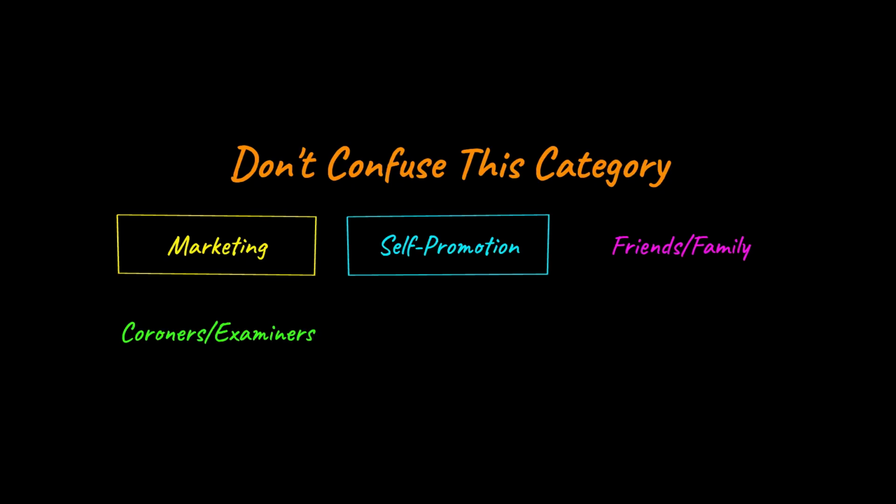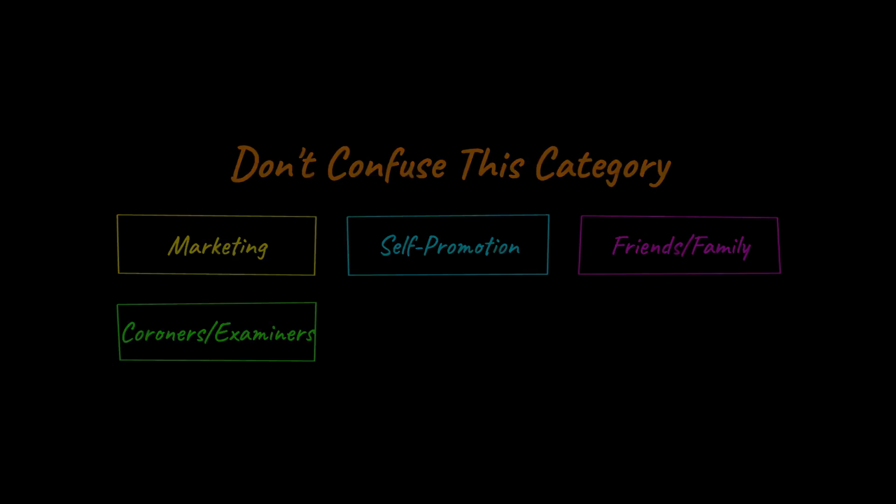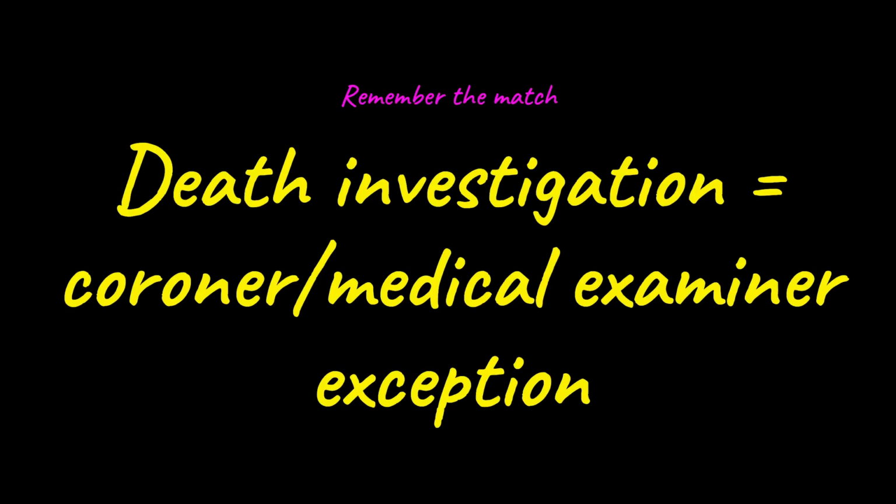Self-promotion isn't a permitted category at all, and disclosures to friends or family need patient agreement. Disclosure to coroners and medical examiners is its own distinct category for death investigation. When the stem describes a deceased patient and a death investigation, match it to the coroner and medical examiner permitted disclosure category, not marketing, self-promotion, or family disclosure.